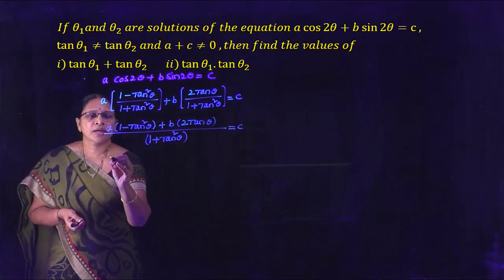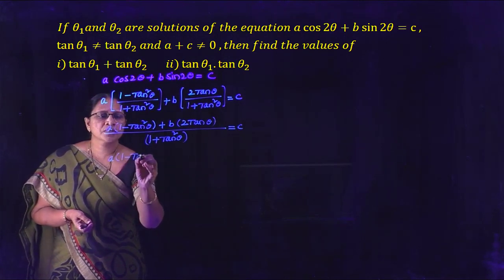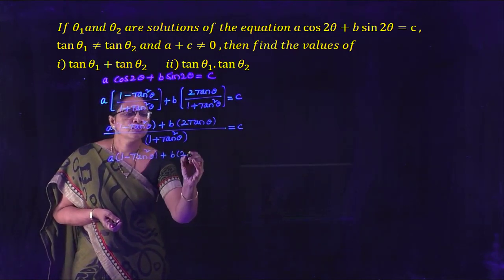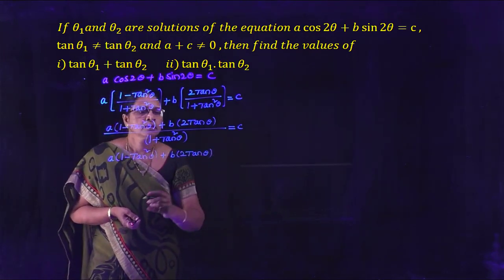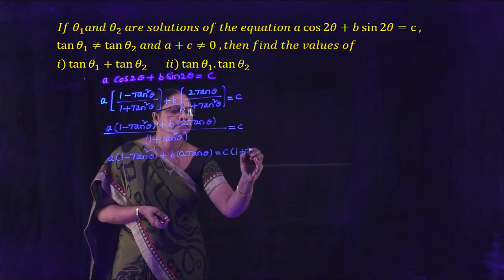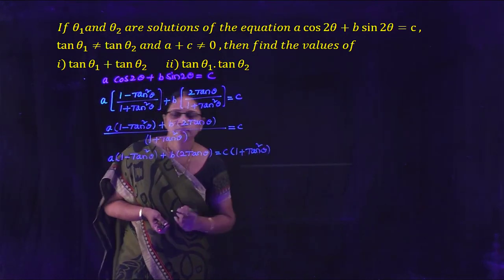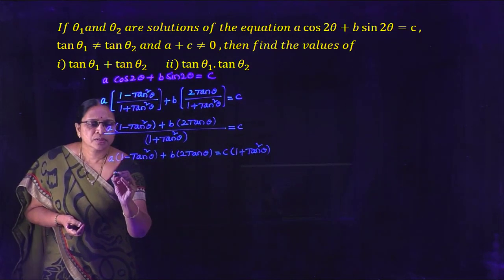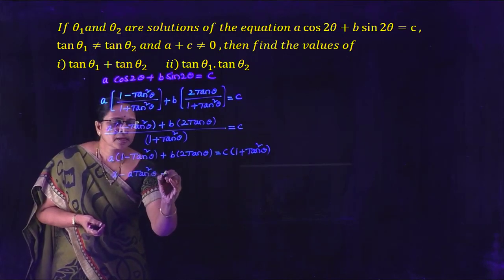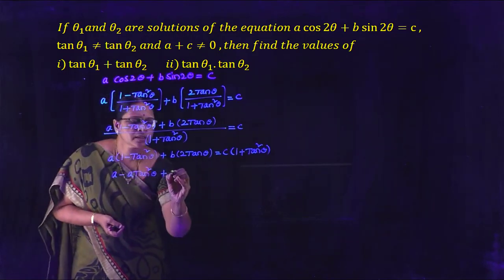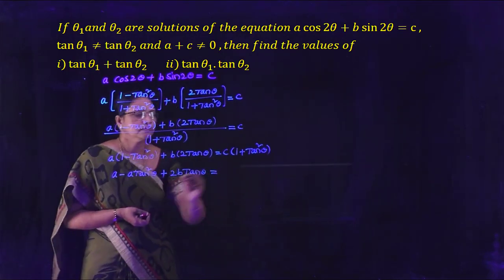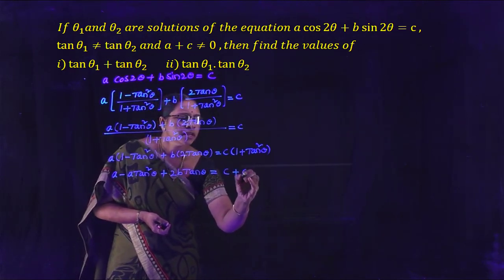Cross multiply, you get a into 1 minus tan square theta plus b into 2 tan theta is equal to c into 1 plus tan square theta. Expanding, we get a minus a tan square theta plus 2b tan theta is equal to c plus c tan square theta.